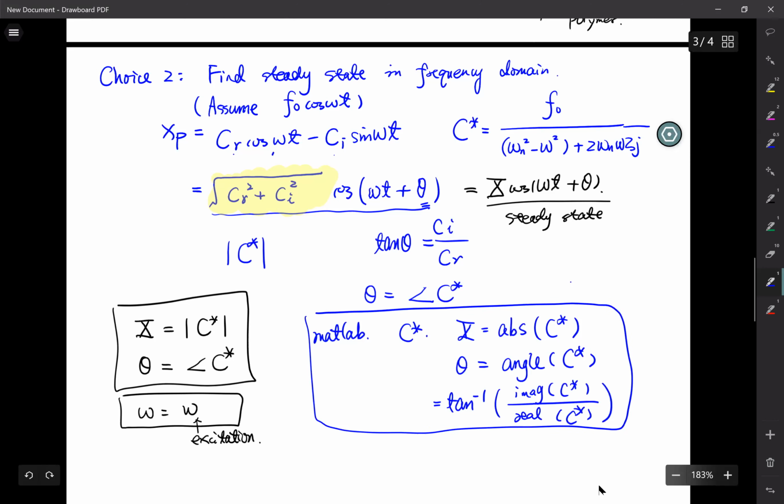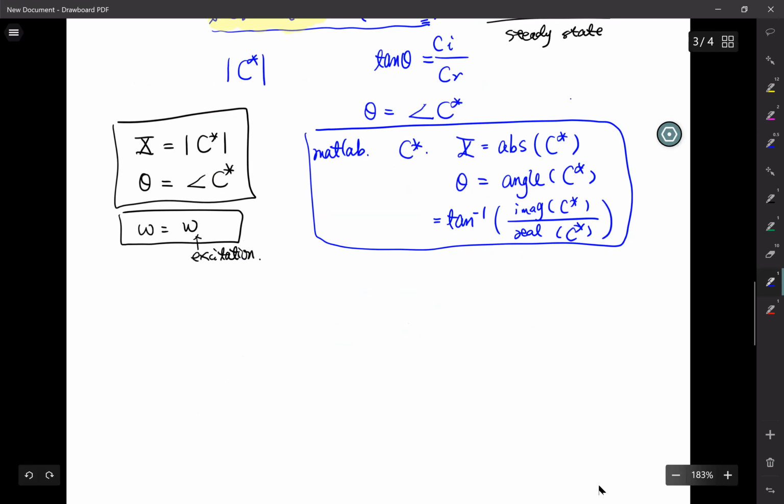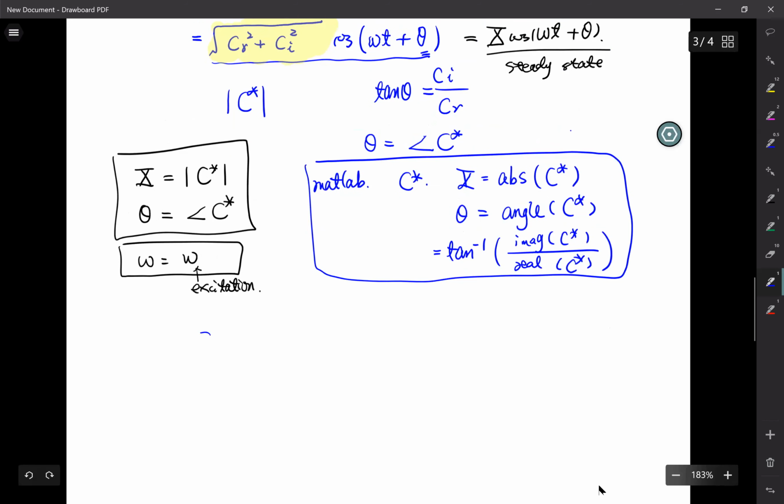If you want to calculate these by hand, we actually learned these in my ME 380 class. So if you didn't take my 380, I'm going to explain this again. So your C star is A1 plus B1 j, over A2 plus B2 j. And A1, A2, B1, B2, they're all real numbers.